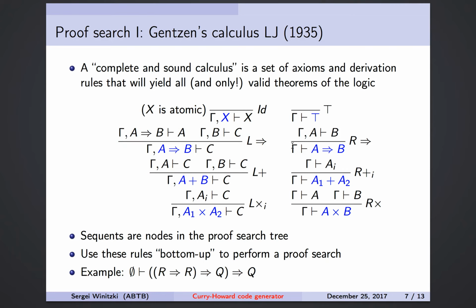So let me now explain how we can understand this notation. The basic element of this notation is called a sequent. This is, for example, a sequent. And this is another sequent. A sequent is a pair of a left-hand side, which is a set of formulas, and a right-hand side, which is a formula.